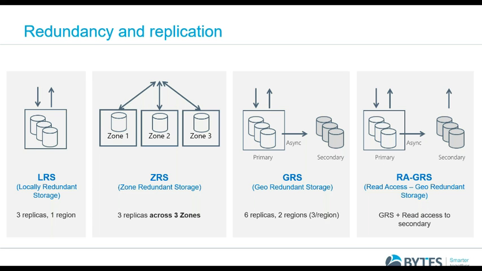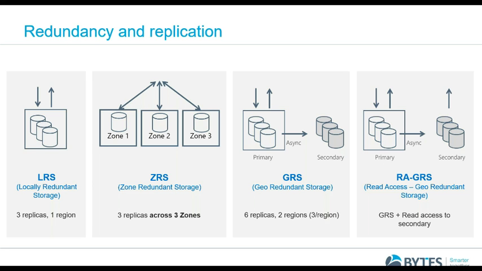The next step up from that, if you do have access to an availability zone, is ZRS, zone redundant storage, where again, it's 3 replicas, but each replica is kept in a different zone. That ensures that if one zone goes down, at least you still have access to your data. Whereas with LRS, if a zone goes down, there's a possibility that you'll lose access to your data. ZRS is slightly more expensive than LRS, but that's part of the course.